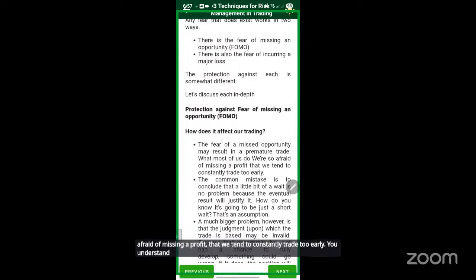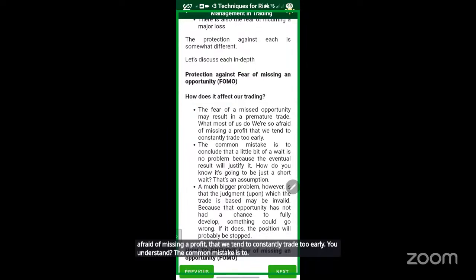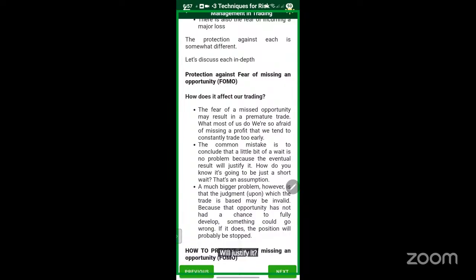The common mistake is to conclude that a little bit of a wait is no problem because the eventual result will justify it.